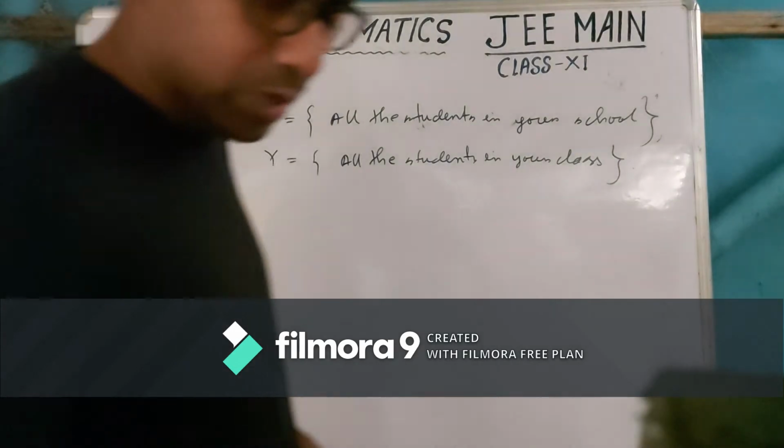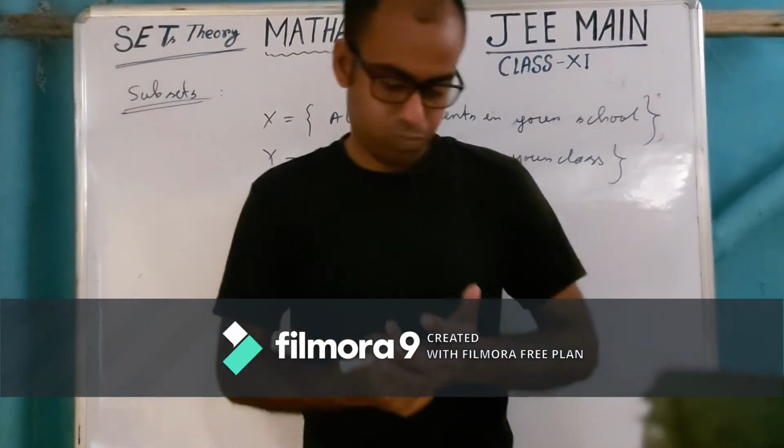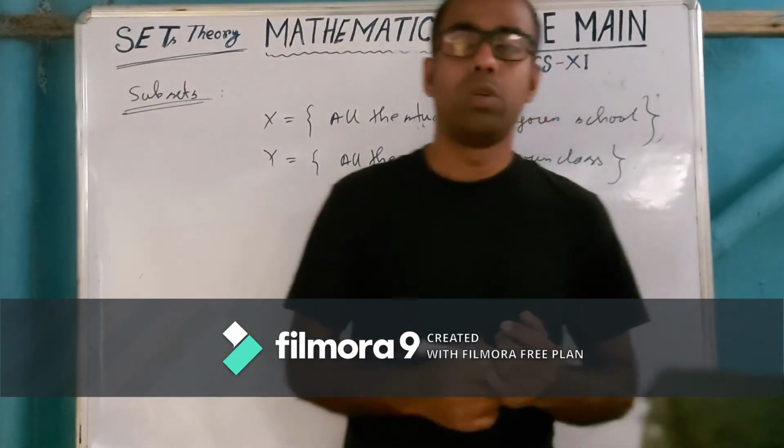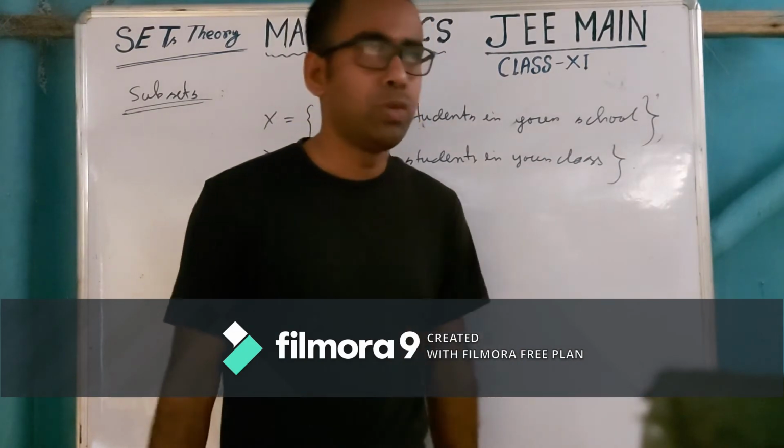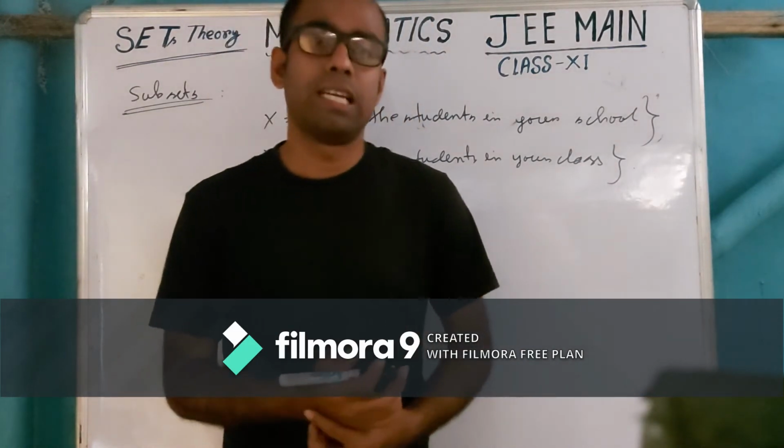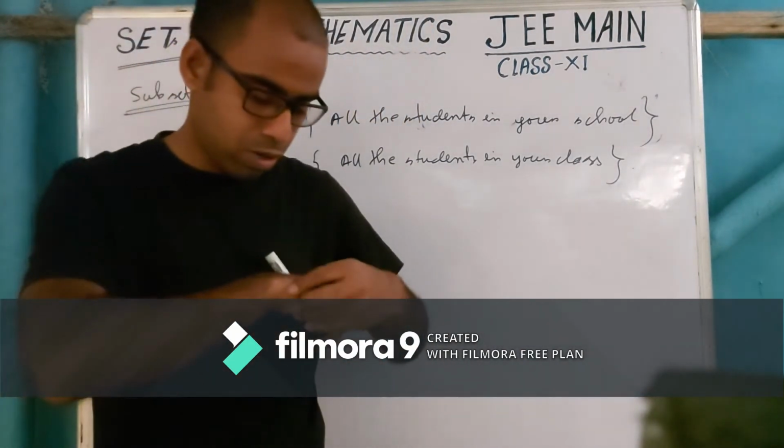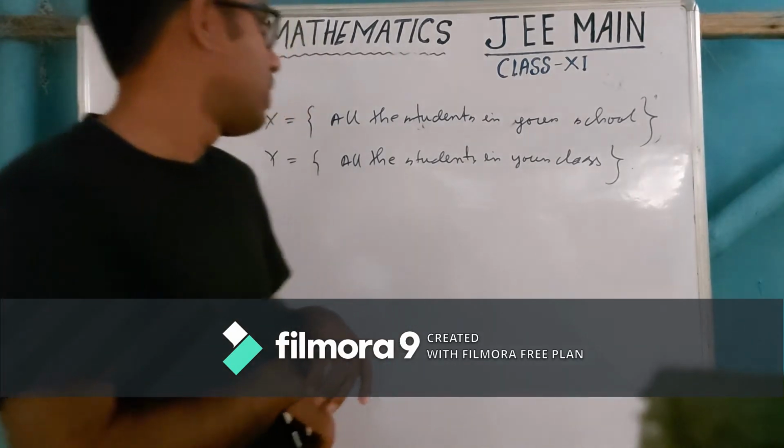So here you consider two sets. One set is X, which contains all the students in your school, and another set is Y, which contains all the students in your class.